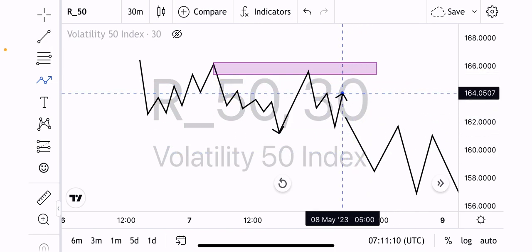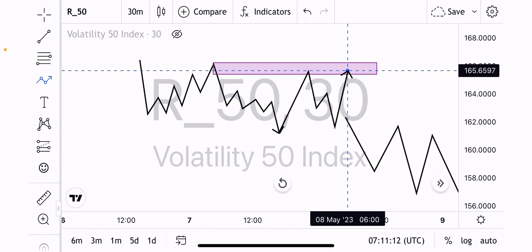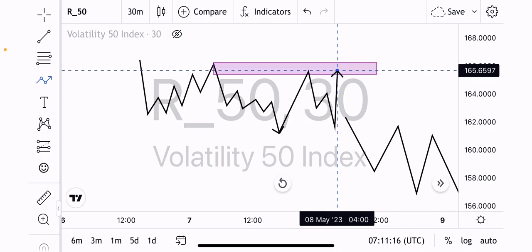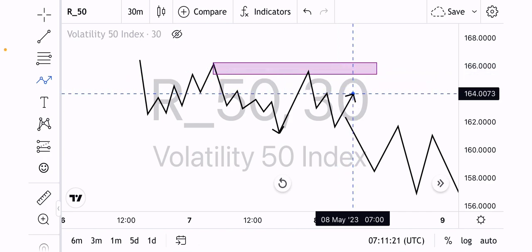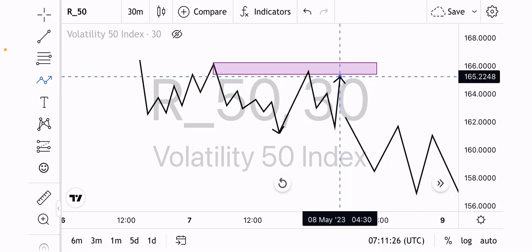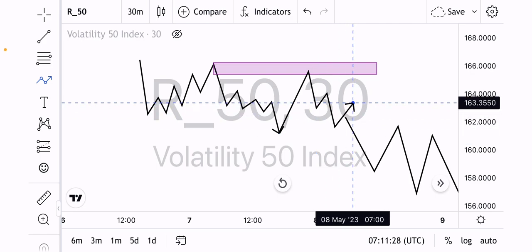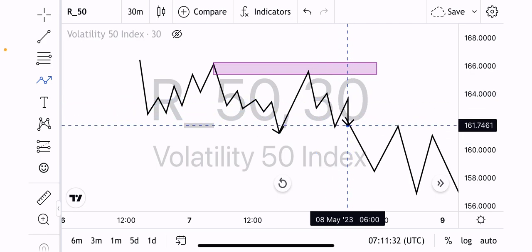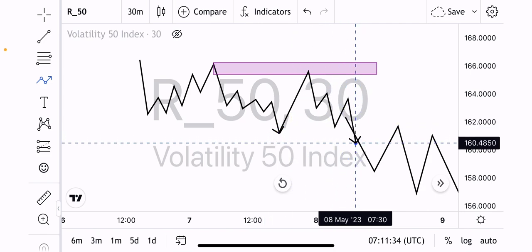If the market breaks this particular high, it simply means we are raiding this high. If the market takes out this high, it simply means this high is no longer safe. So that is why we are not expecting the market to come back to this origin without taking this external liquidity. So market will do something like this, then come back to break external liquidity.